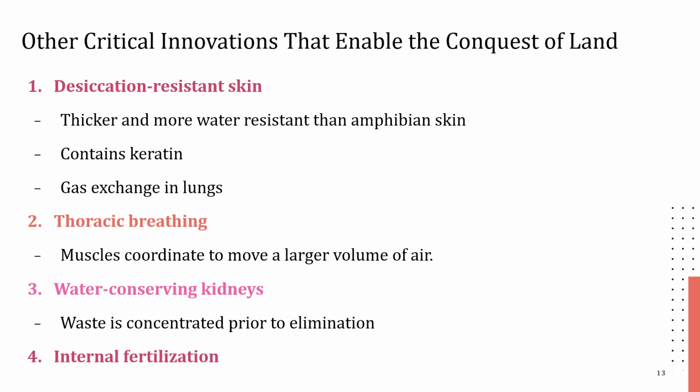So the kidneys basically filter all of the liquids that go through your bodies, and they pull out any water that hasn't already been absorbed that the body needs, and then only release the waste that is no longer needed. And then, of course, amniotes have internal fertilization, which was another key innovation for separating these organisms from water. If fertilization is inside, then there's no risk of the egg or the sperm drying out.